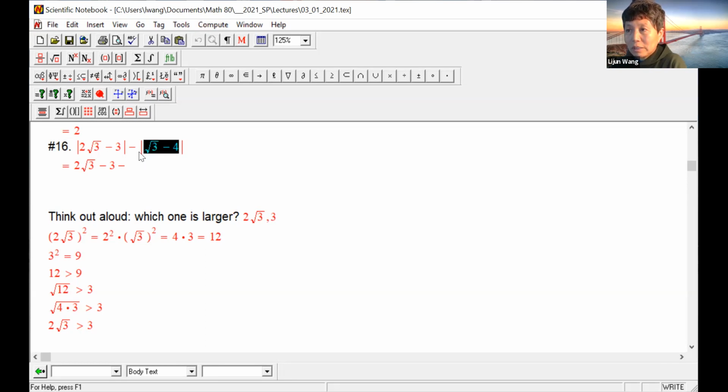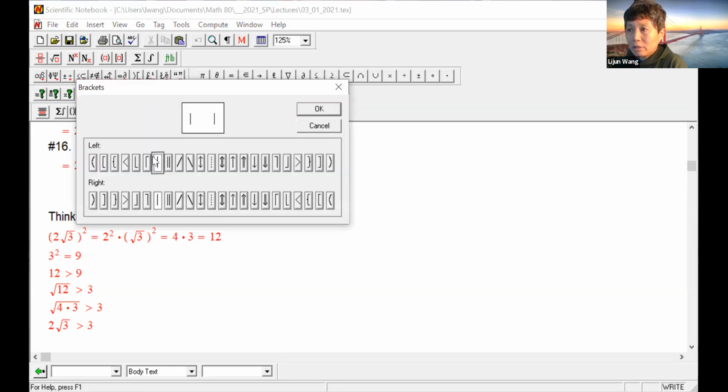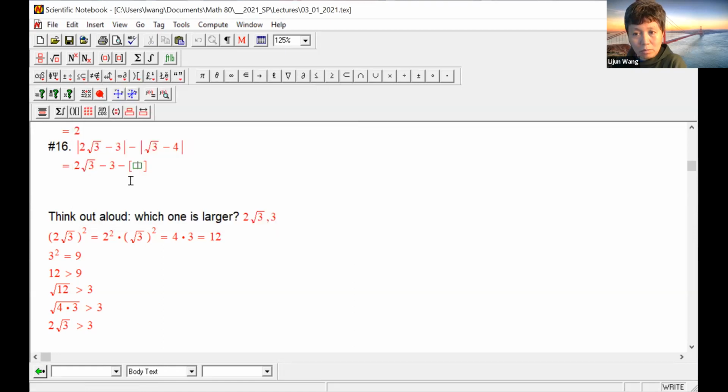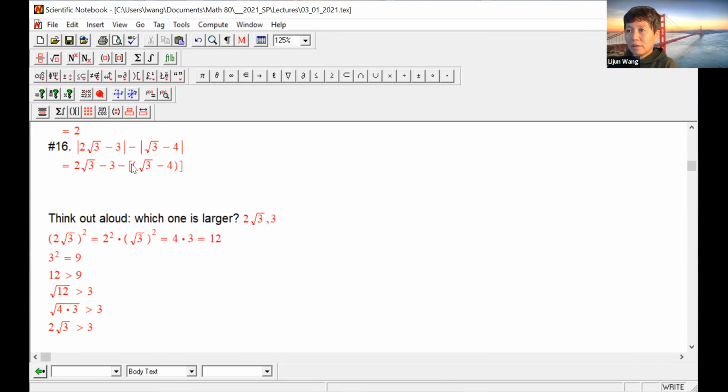Okay, so over here, I'm going to put in some layers of brackets because I don't want to be making a mistake. So this bracket corresponds to this absolute value. The absolute value of a negative number is its opposite. Do you guys follow me?